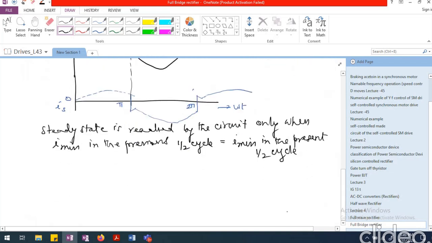Similarly, I max is the same across all half cycles. When the present and previous half cycles match, we say steady state has been reached for the circuit.